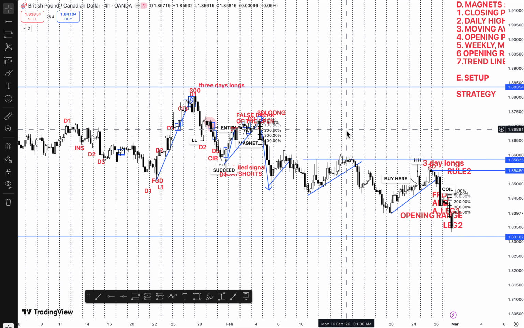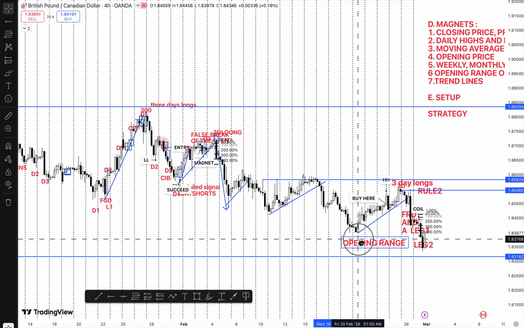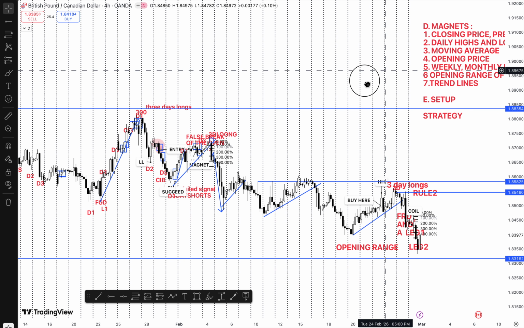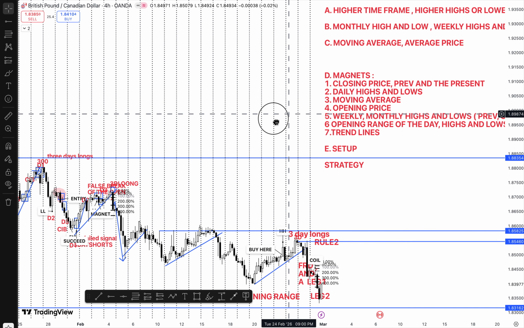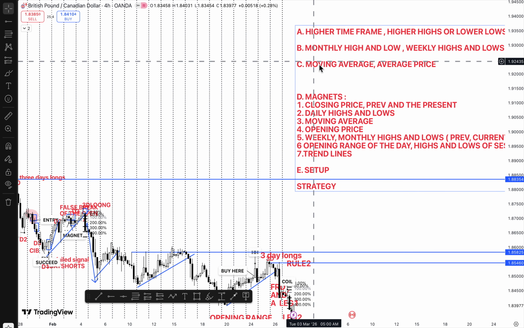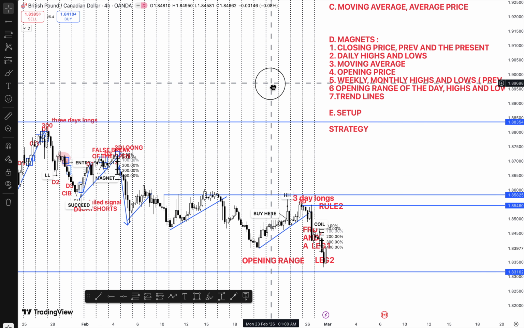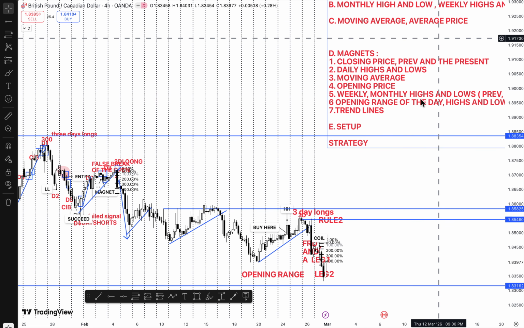You can see my trend lines, you can see my opening range. I'm identifying the opening range, I'm identifying my magnets. When I put on the indicator, I'm looking at the moving average on each time frame. I'm identifying everything I need to identify.